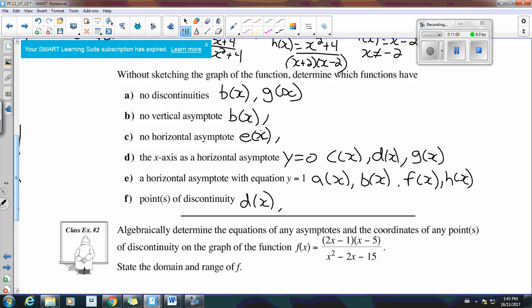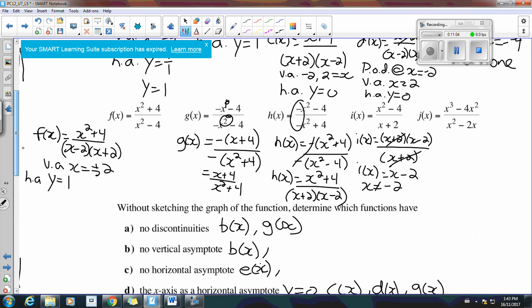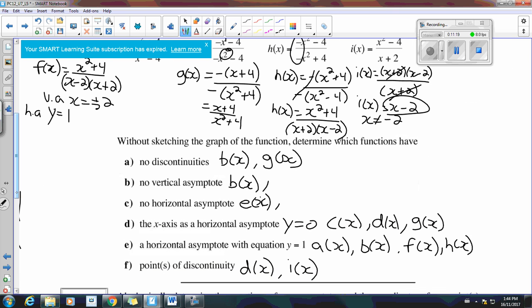So we can fill I in here as having a point of discontinuity. Should be pretty obvious here without even comparing the degrees of the original that there'll be no horizontal asymptotes. Since this is represented now by a linear function, we all know linear functions have no horizontal asymptotes. So I goes into this category.